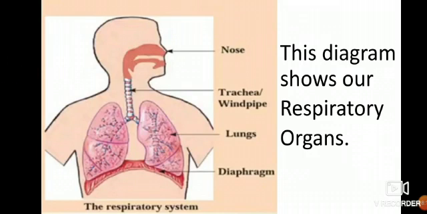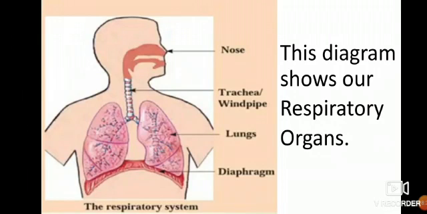These also are very important. As the nose is important, even these are equally important. And they are responsible for our respiration. These 4 organs are responsible for respiration in our body.